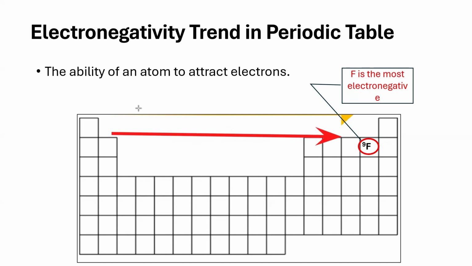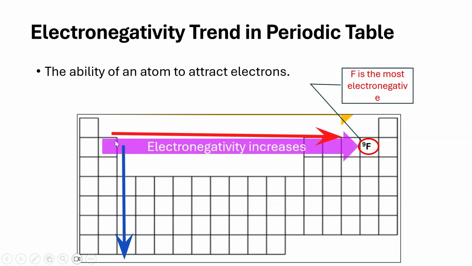And from top to bottom, the radius increases. And in this way, electronegativity will increase as the atom becomes smaller.